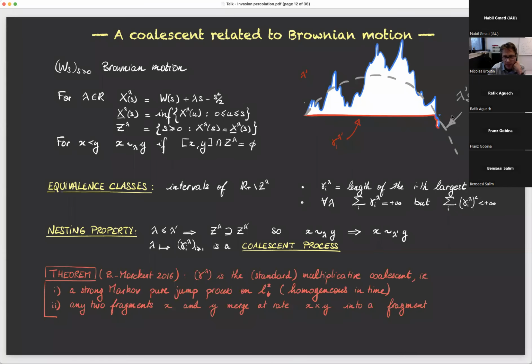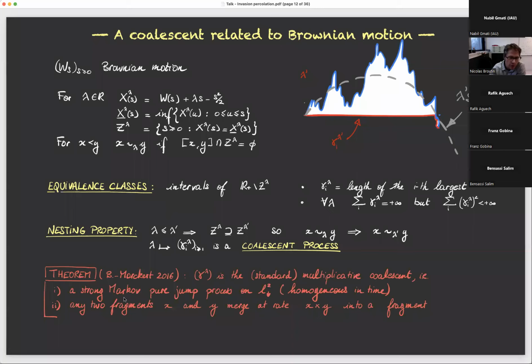You increase again lambda, so more points disappear. Okay, so it actually turns out that if you look at the collection Z lambda, which is the set of points for which the X lambda touches its infimum, then this is really decreasing in lambda. So as you increase lambda, some points disappear, which means that now you really see that there is a real coalescence on R plus in some sense.